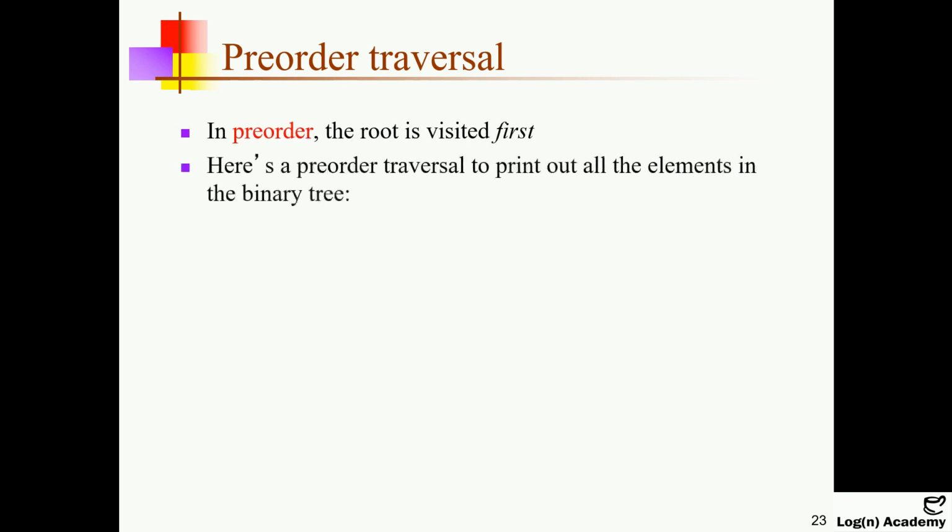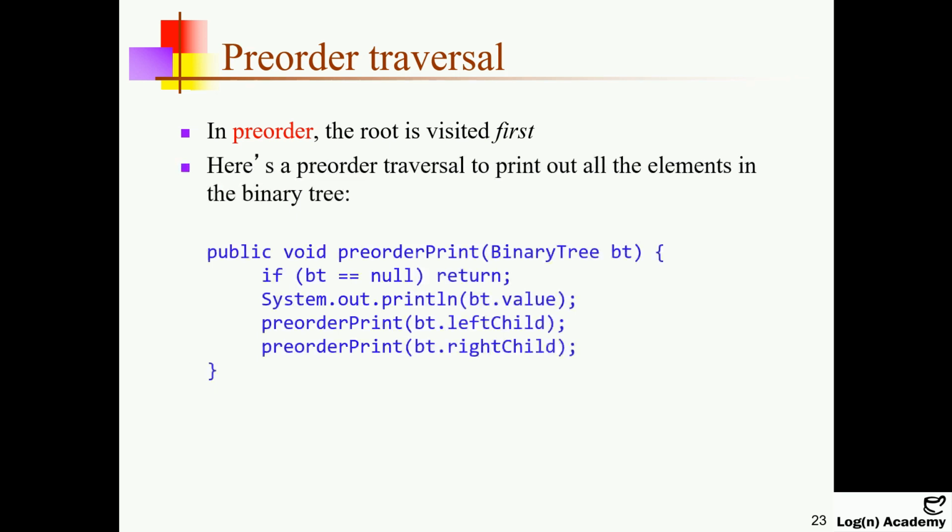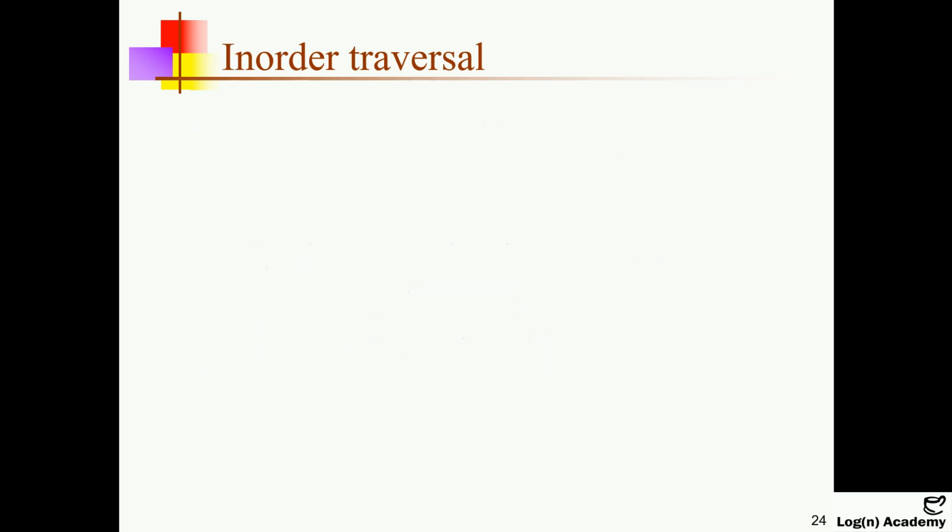We have three techniques: pre-order traversal, post-order traversal, and in-order traversal. First we will look at the pre-order traversal. In pre-order traversal, the root is visited first, and it has a procedure. It's a simple method, and we will talk about this later. In-order traversal: the root is visited in the middle.